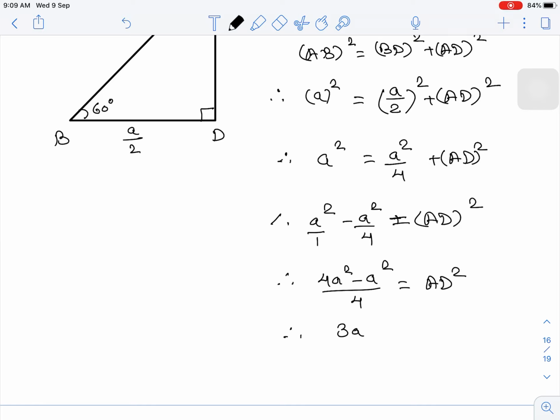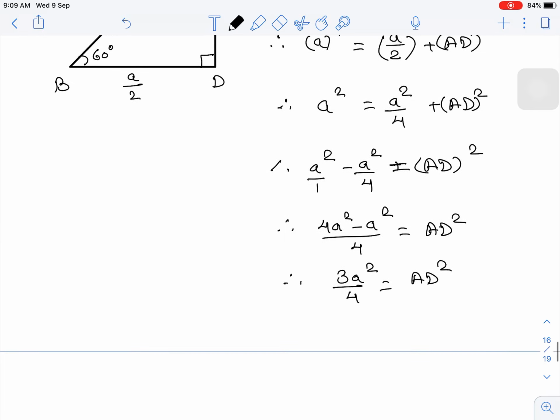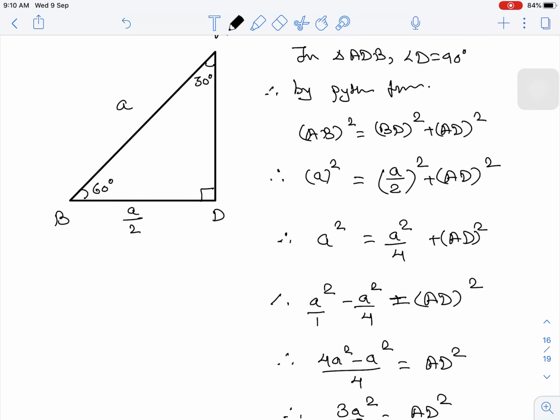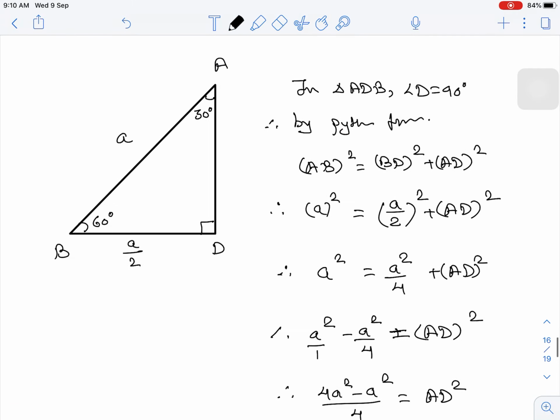Therefore 3a square upon 4 equals AD square. Taking the square root of both sides, we get root 3 upon 2 a equals the value of AD. So we got the value for AD. The value of AD is root 3 upon 2 a.